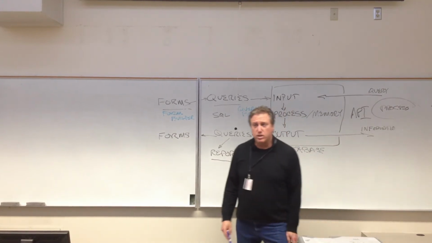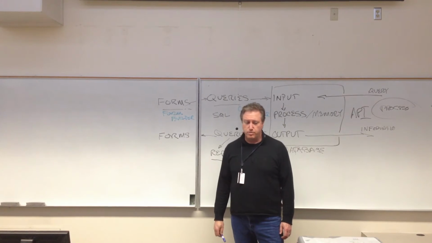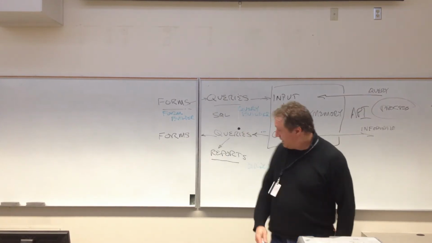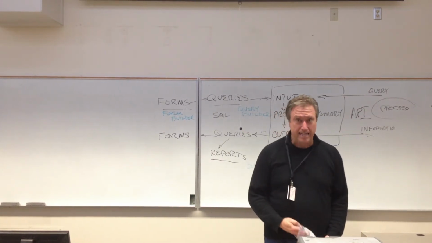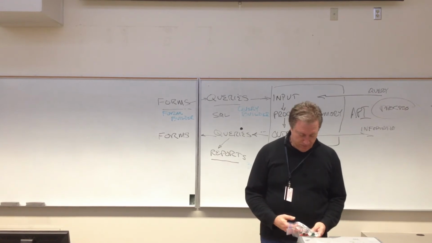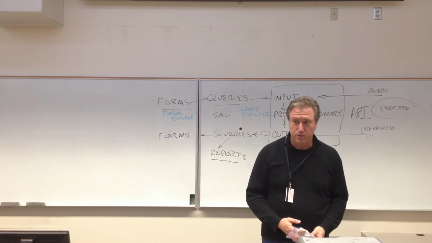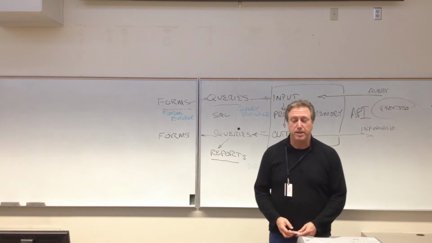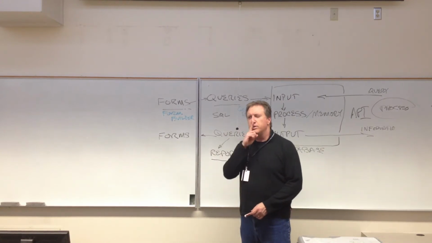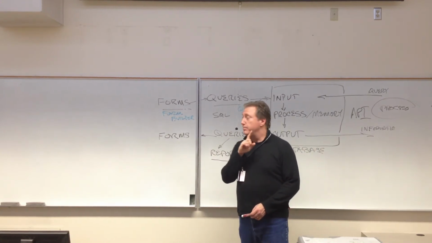Now the other way that you're going to do forms and queries and reports is by hand. And unfortunately, or perhaps fortunately for you, we're not going to do the by hand bit in this class. Well, we're going to do the by hand bit a little bit.